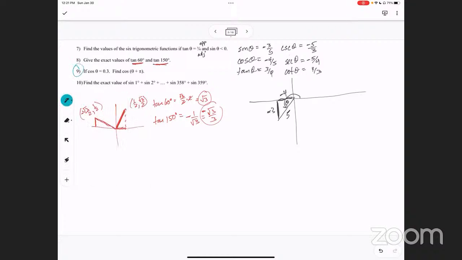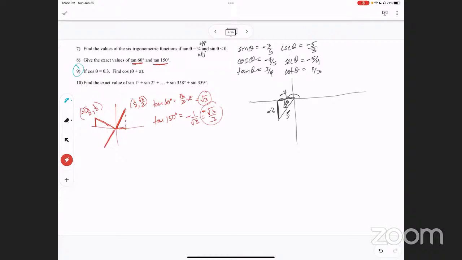If the cosine of theta equals 0.3, find the cosine of theta plus pi. Well, to do this, let's think about what happens to the cosine if you add pi to an angle. Let's just look at this angle right here since we have it written. This angle is 60 degrees, and the cosine of that is 1/2. But if I go pi away from it, I'm going to be right here.